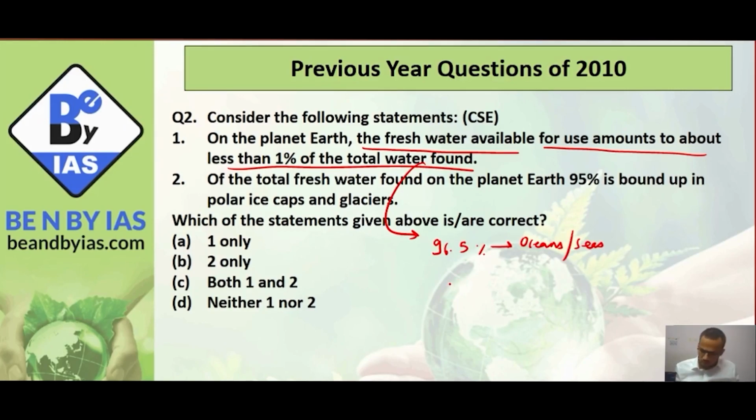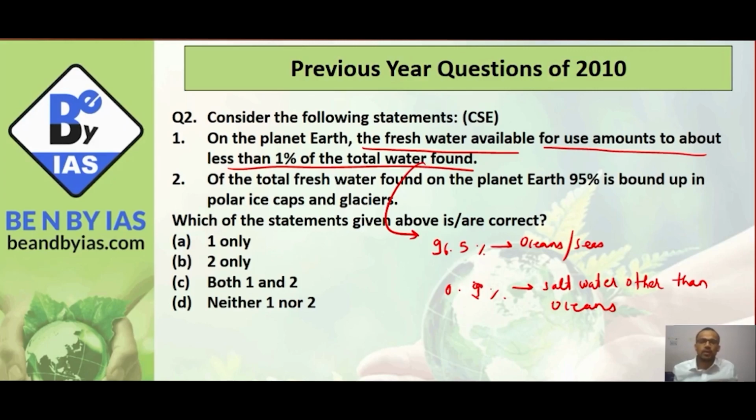Then around 0.9% is in the form of salt water other than oceans. That means there may be groundwater reserves which are saline in nature.